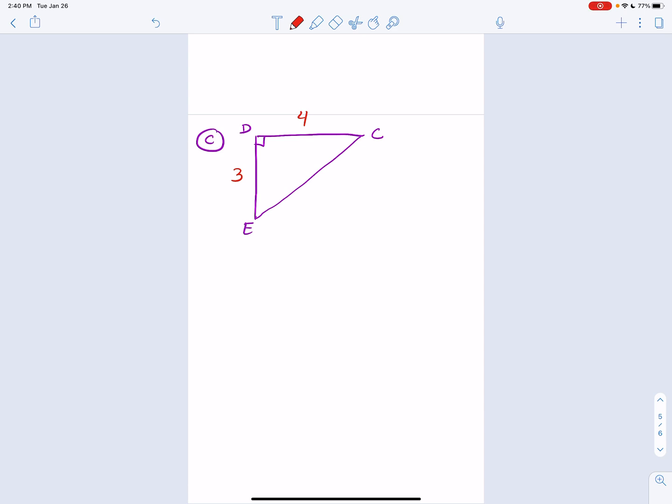Okay, so knowing this, I want you guys to find all 6 trig ratios for angle E. Okay, a little bit different, but you guys have everything you need to answer this question. Press play whenever you're done or if you need assistance.